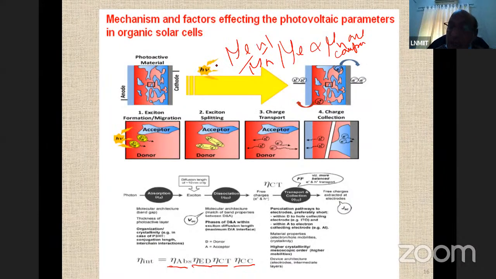Otherwise, suppose the electrons have higher mobility and the holes have lower mobility, then the electrons will be collected very fast and holes will accumulate at the interface, and this is called space charge formation. So we have to optimize the nanoscale morphology in such a way that the electrons and holes reach the respective electrodes at the same time. For that, this is needed.